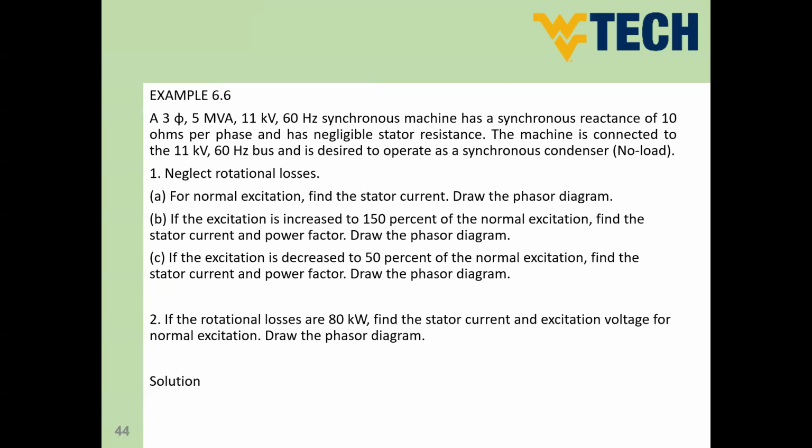We have here a three-phase 5 megavolt ampere, 11 kilovolt, 60 hertz synchronous machine. The synchronous reactance is given as 10 ohm, and the stator resistance is neglected. The machine is connected to an 11 kilovolt, 60 hertz supply and is desired to operate as a synchronous condenser.